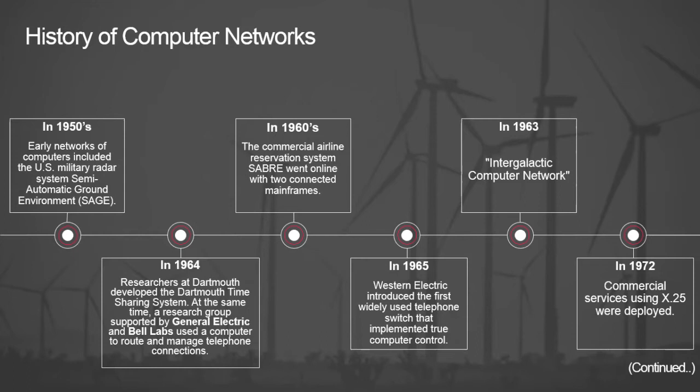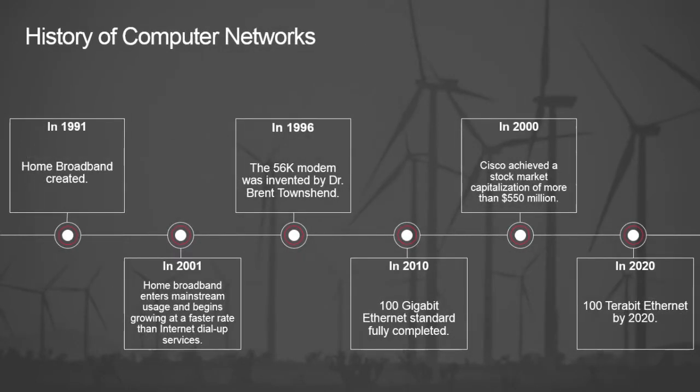In 1965, Western Electric, an American electrical engineering and manufacturing company, introduced the first widely used telephone switch implemented through computer control. Then in 1972, commercial services like X.25 were developed. Then in 1991, the first home broadband was created.